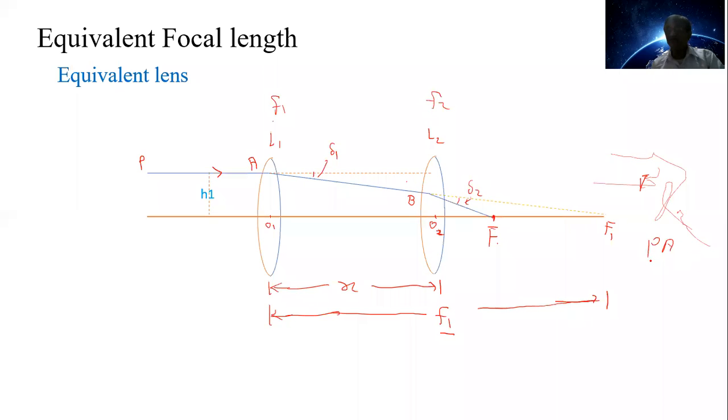PA is the incident ray. Emergent ray is BF, that we can represent here like this. BF is the emergent ray for this system.